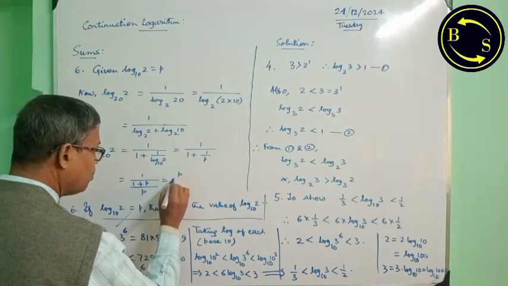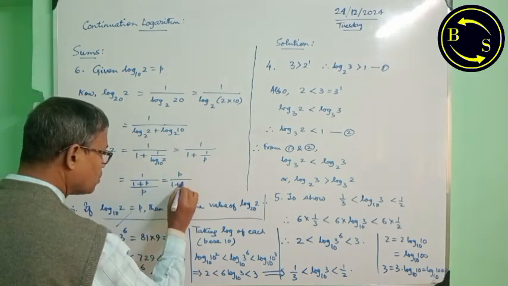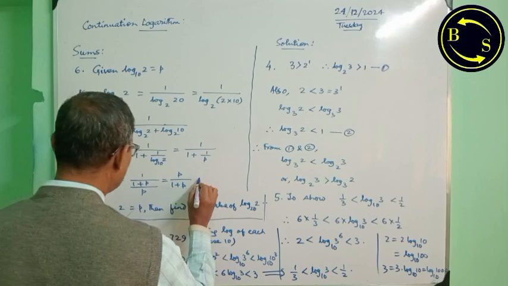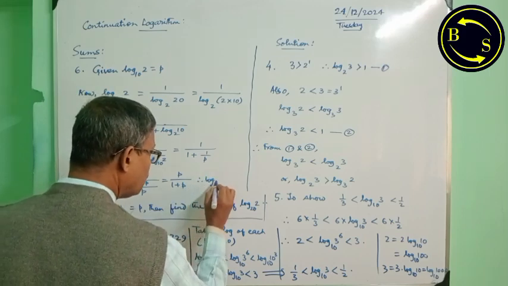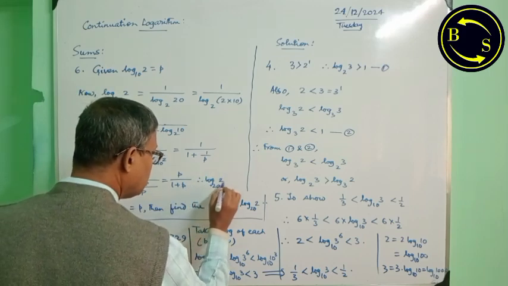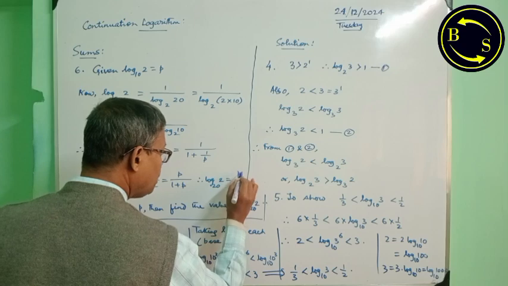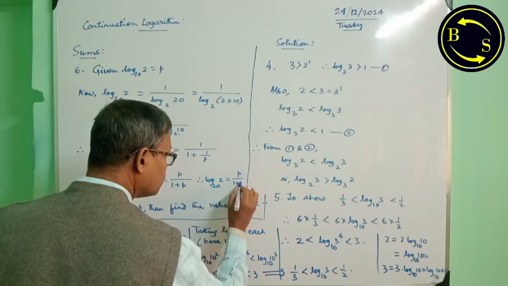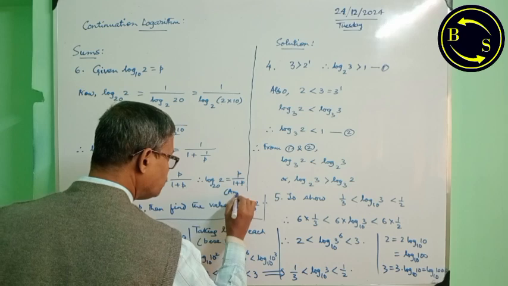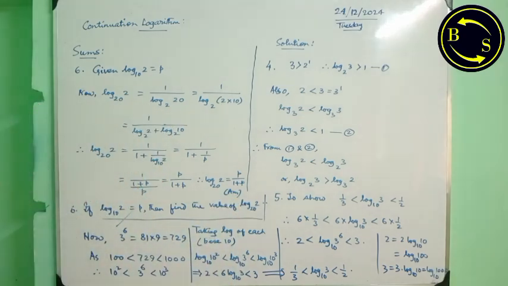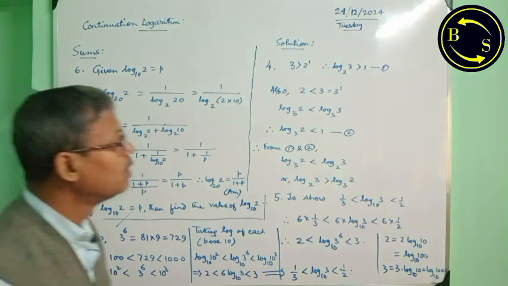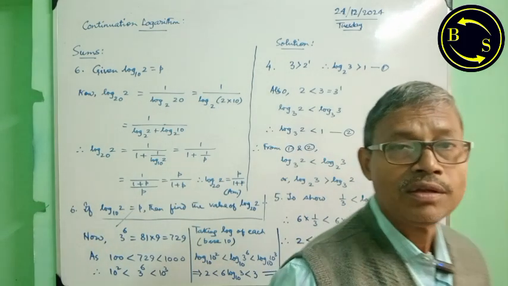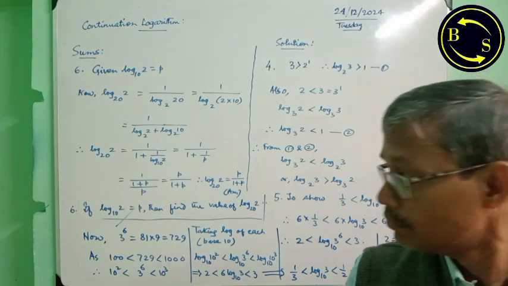Therefore, this is p by 1 plus p. Therefore, log of 2 to the base 20 is equal to p by 1 plus p. Answer. Thus, we worked out the first 6 sums. Next, I will work out more sums.